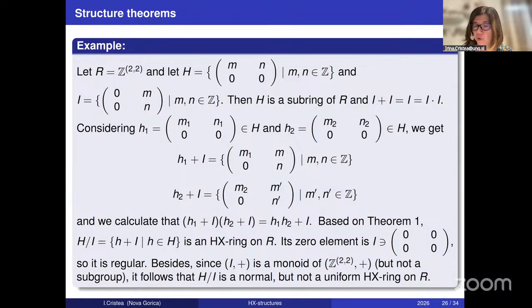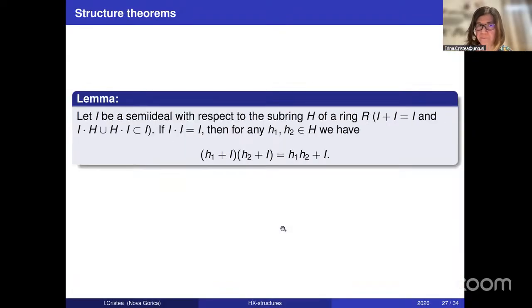Besides, since I is a monoid of this ring, but not a subgroup, it follows that the quotient is a normal HX ring, but not a uniform HX ring on R. And in order to get uniform HX rings, we have to start with a semi-ideal with respect to the subring H. So here I is not a semi-ideal in the ring R, but is a semi-ideal with respect to a subring H, meaning that the property in the bracket must be satisfied. Again, if I is an idempotent, then this relation is satisfied.